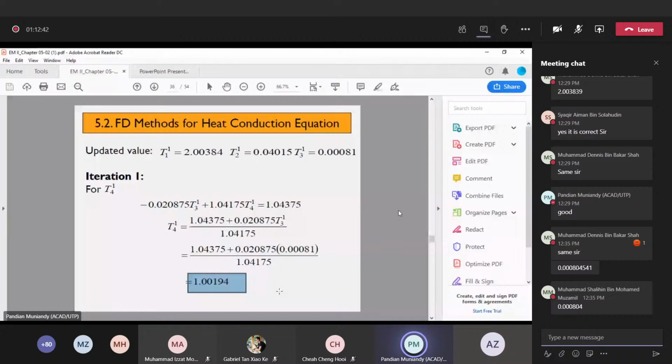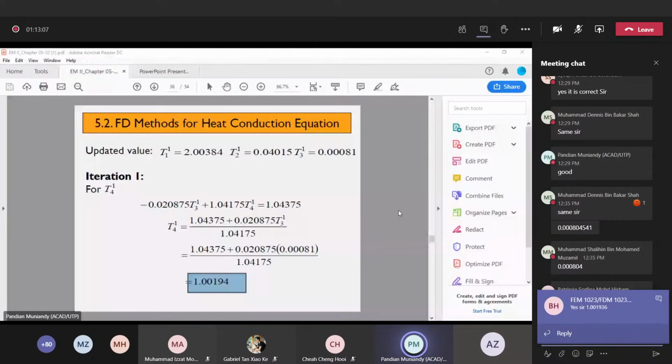Do you agree with the value of T4? Shakir? Kelvin, are you there?